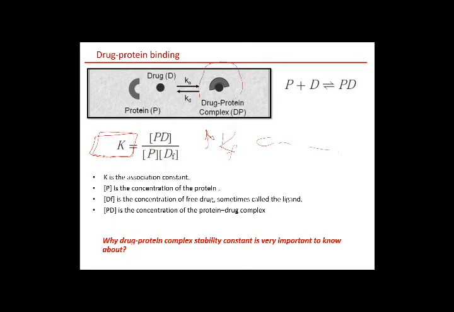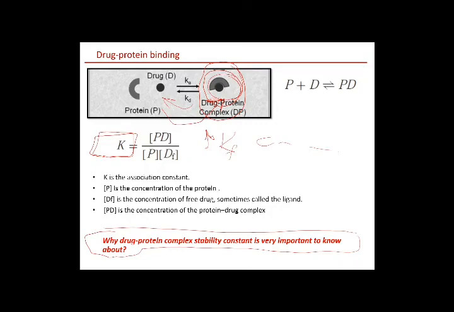If a drug has high K, that means the stability of the complex formed between the drug and the blood proteins is high. That means we have less tendency of the free drug to be formed and more tendency of the protein bound complex to be formed.